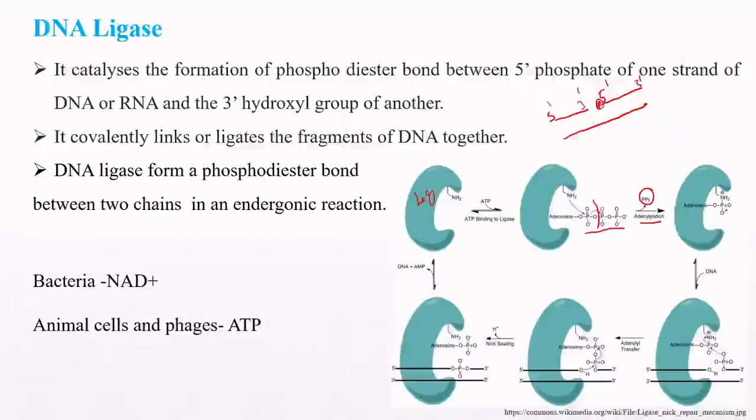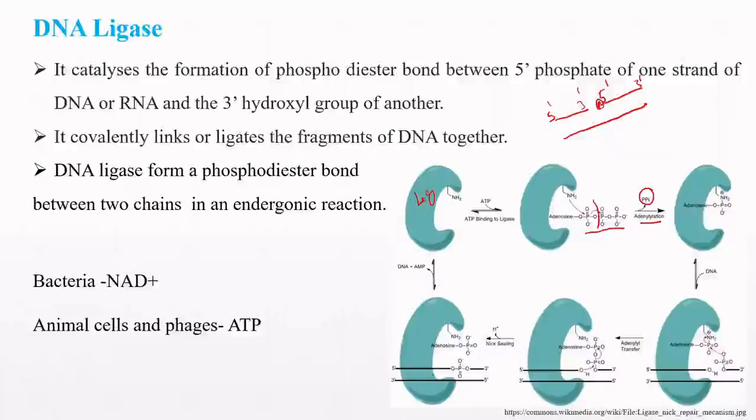So this AMP-DNA ligase complex will go near the nick, and then the enzyme will transfer its AMP to the 5' phosphate of one fragment. So the AMP will be transferred to this phosphate.